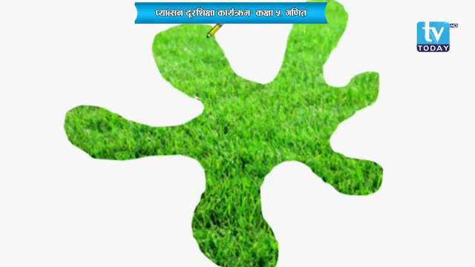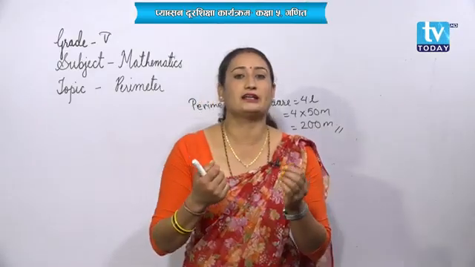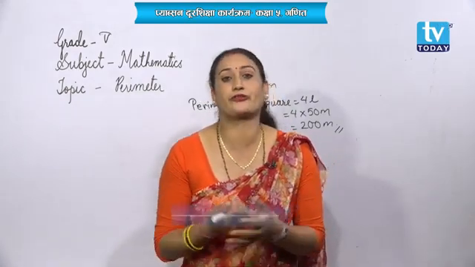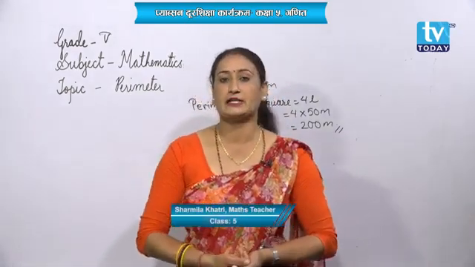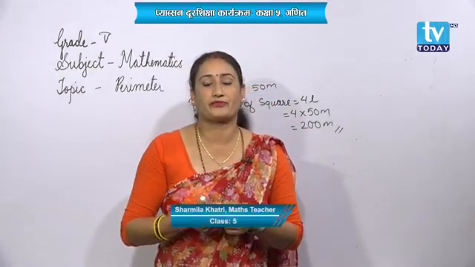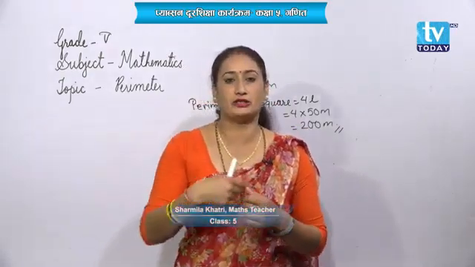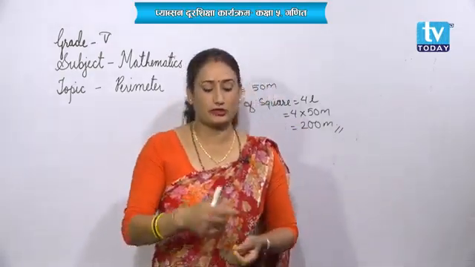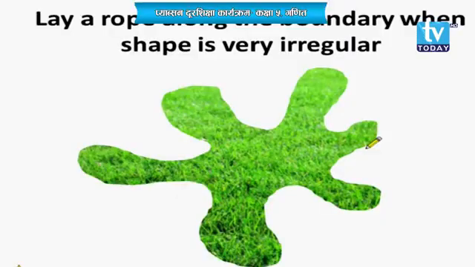Okay, I will give you the idea how to find the length of that type of irregular figure. That is irregular, right? So you can take a rope and lay it round the boundary. You can see it in the slide also. Lay a rope along the boundary when the shape is very irregular. You have to take a rope for irregular objects, so that you can find the perimeter of this object.